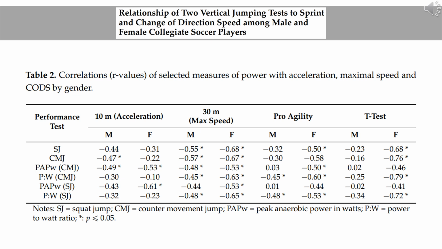So generally speaking, we can say that there is consistency in meaningful correlations occurring between how high an athlete jumps and how fast they are at acceleration, top speed, and change of direction speed. So that gives us a pretty strong foundation or basis for including jump tests as proxy measurements for linear and change of direction speed, which are of course physical characteristics that are so important for football players.